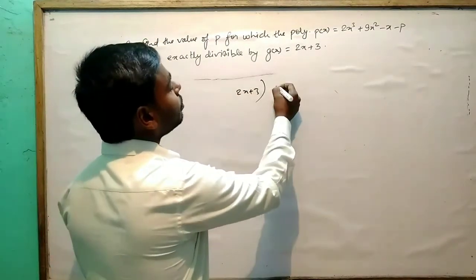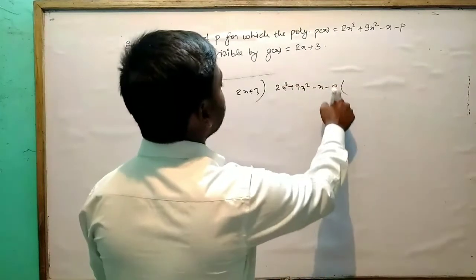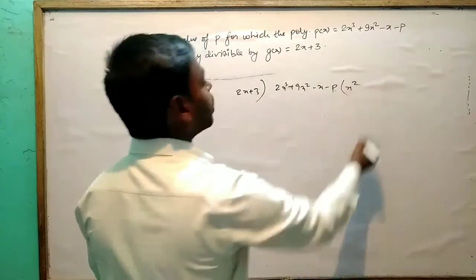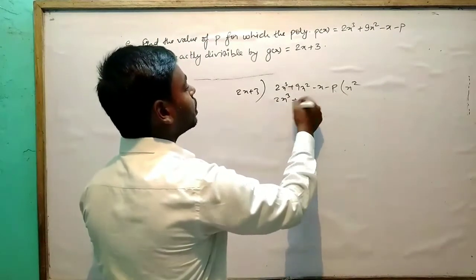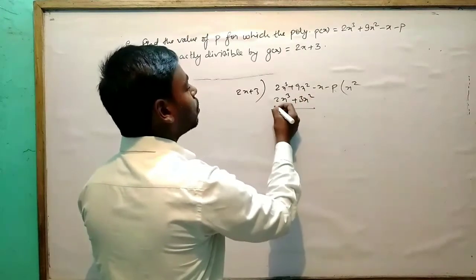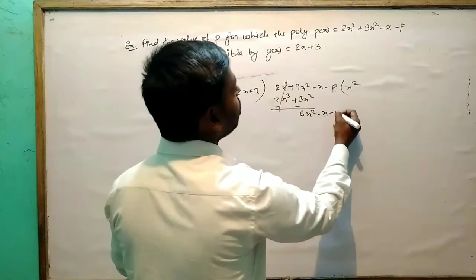Dividing 2x cube plus 9x square minus x minus p by 2x plus 3. First we multiply by x square, and we get 2x cube plus 3x square. Now we change the sign and we get 6x square minus x minus p.